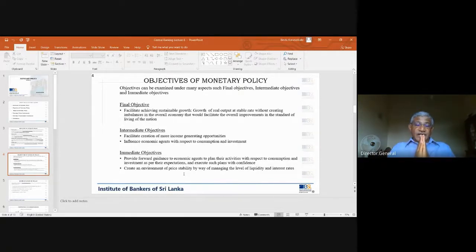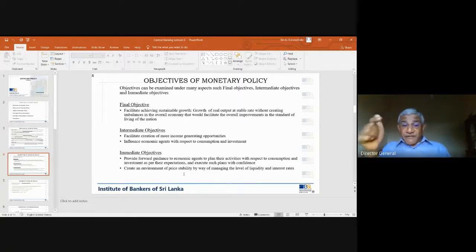Okay, then again here, facilitating. The final objective is to facilitate, again not to achieve, because you create an environment for people to plan and execute their plans so that they can create employment opportunities. They can create income generating activities that will create employment opportunities that will make everybody comfortable, and the economy will experience growth. The central bank can only facilitate that final objective.